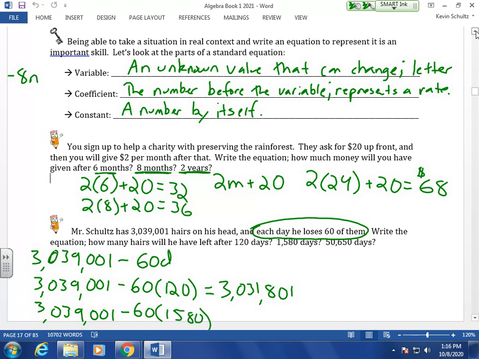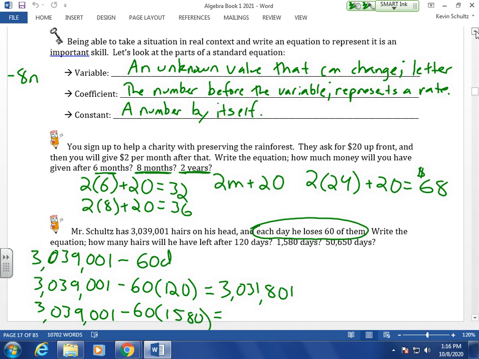So the only thing that changes is that variable, which does affect that product with negative 60, but my initial starting point didn't change. That's why it's a constant. I'm always starting with that 3 million number. And how many hairs do I have left after 1,580 days?